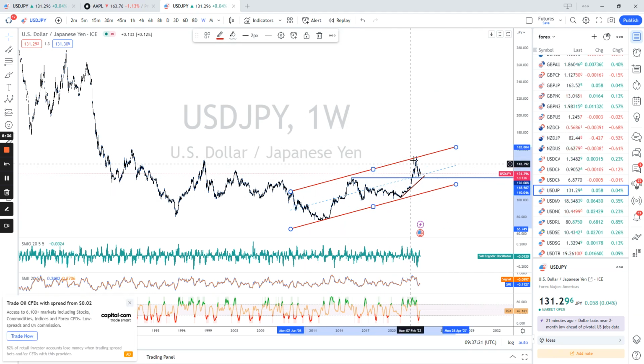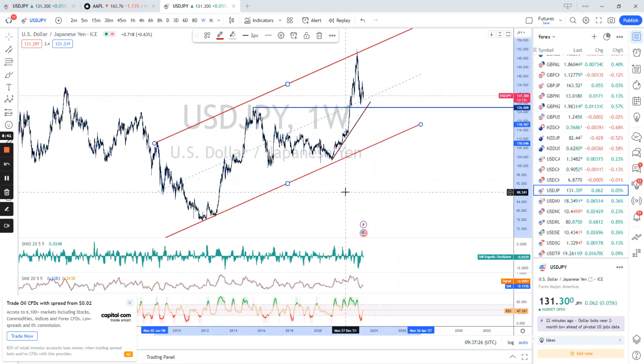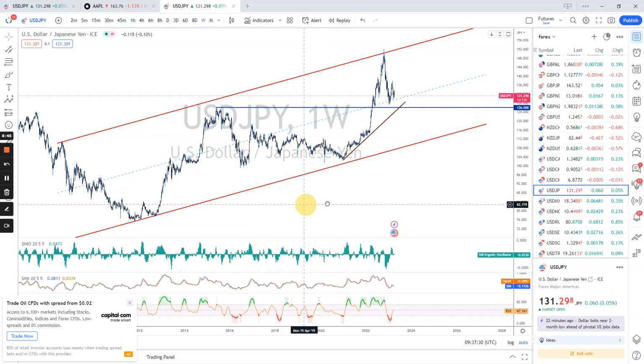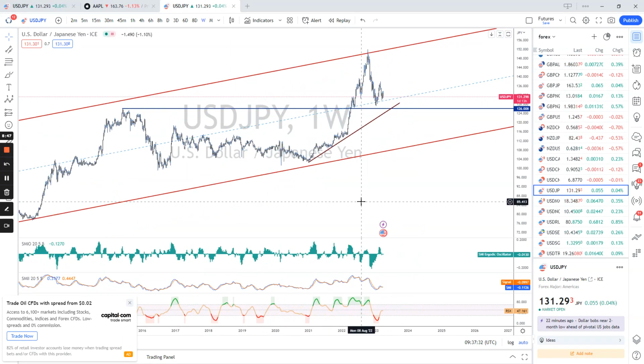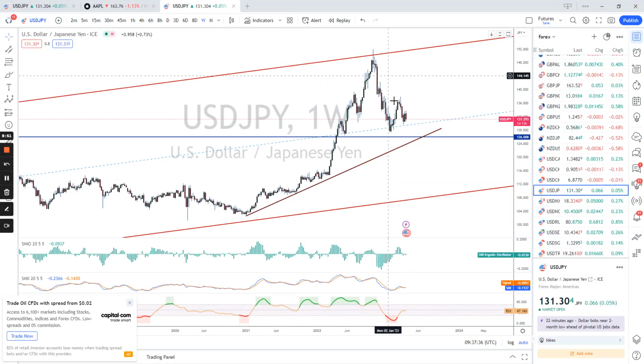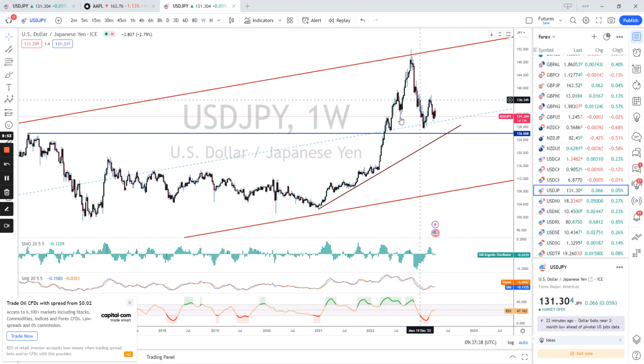We had a possible breakout, which was only for a short time to the upside, and now the USD/JPY is back in this channel as it is touching the middle, the midpoint of the channel.